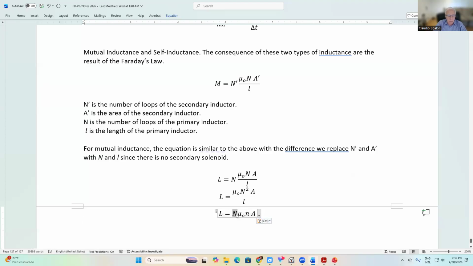We usually put the mu naught at the beginning. Let's put the capital N here, and mu naught at the beginning. And we do the same here with the mutual inductance.